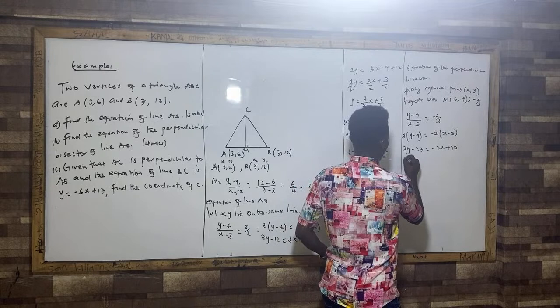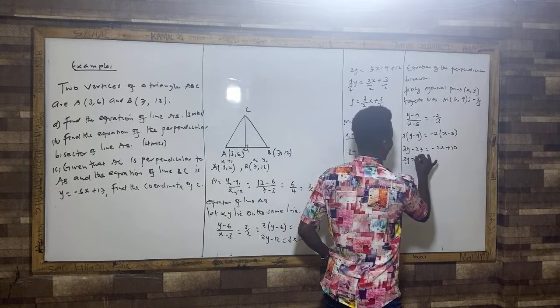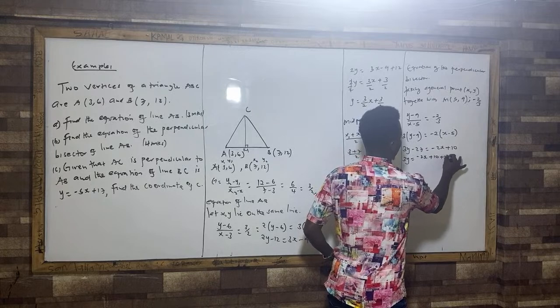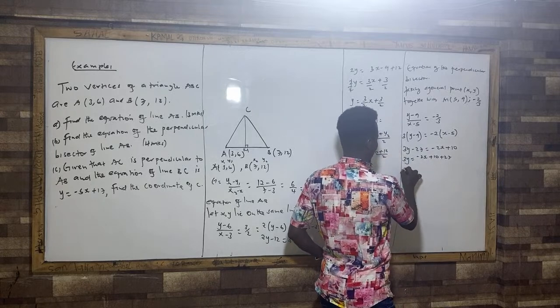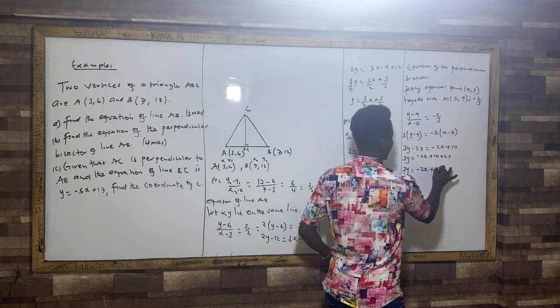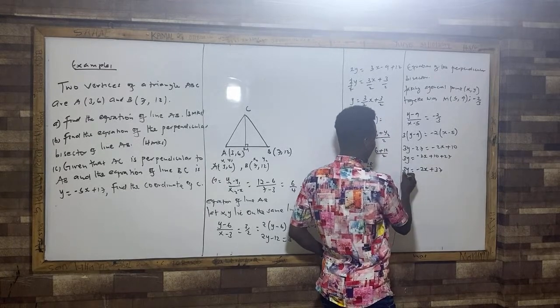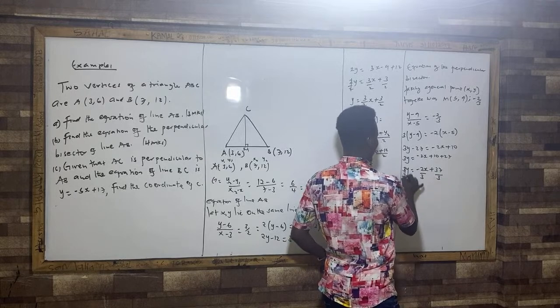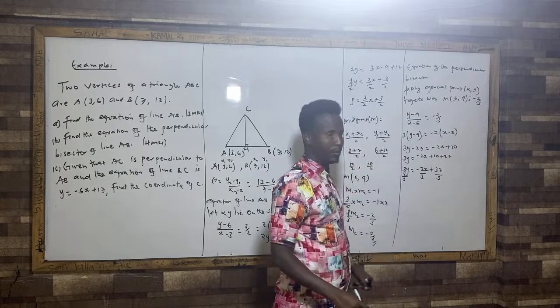So take this one to the other side. So 3y is equal to minus 2x plus 10 plus 27. So 3y is equal to minus 2x plus 37. Then divide through by 3 to write the equation in the form y is equal to mx plus c.